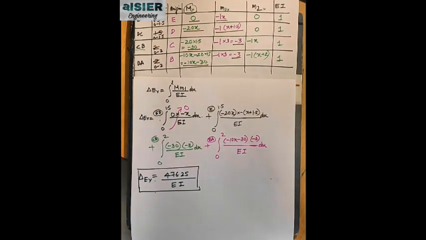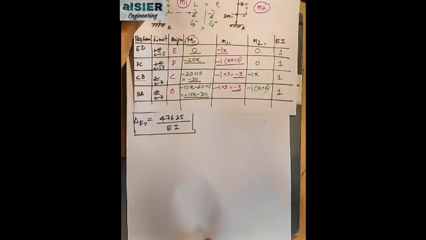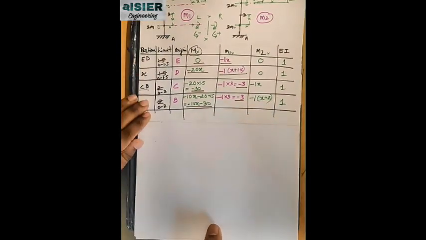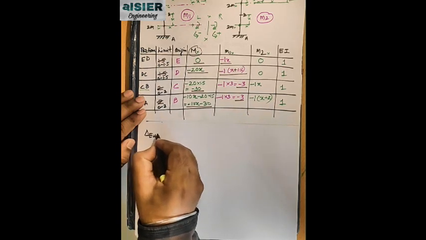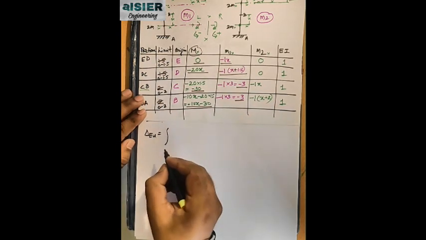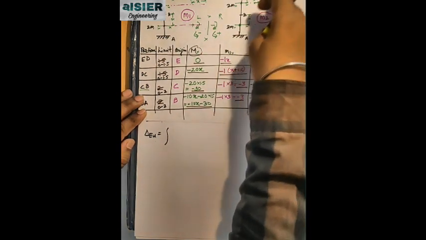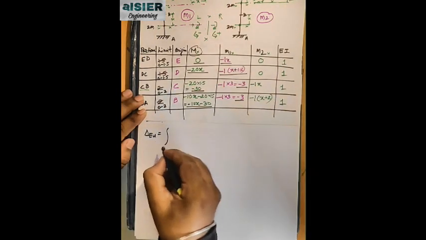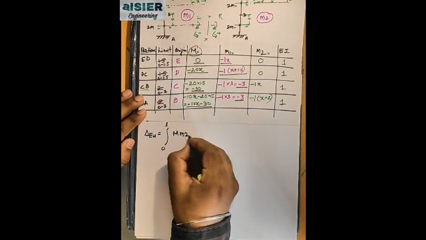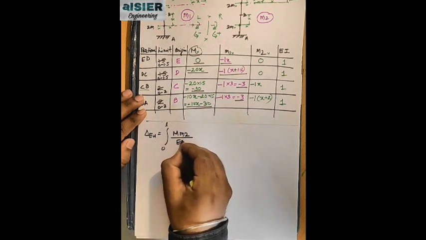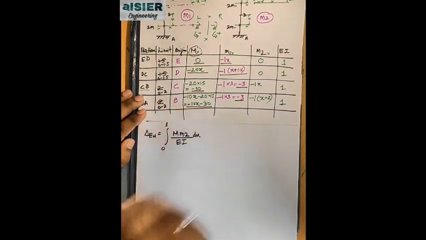Okay, similarly we will calculate delta EH. The formula will be, since the horizontal load is in the M2 diagram, integral from 0 to L of M into M2 upon EI dx.